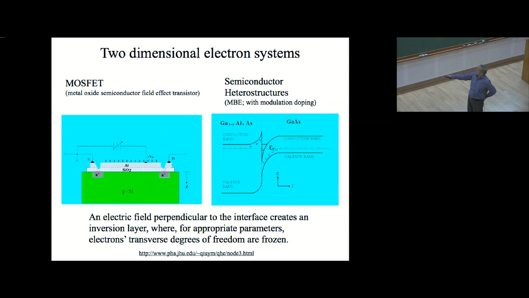The system is 2-dimensional in the sense that only the lowest subband, the lowest quantized subband in the transverse direction, is occupied, and therefore there is no degree of freedom in the transverse direction. Electrons can move freely within 2 dimensions, but they cannot do anything in the perpendicular direction.